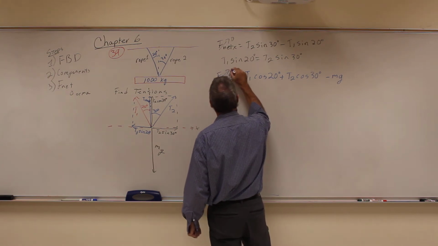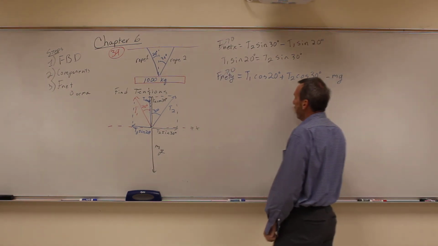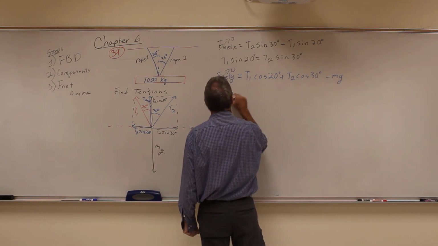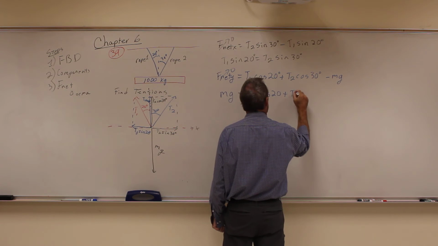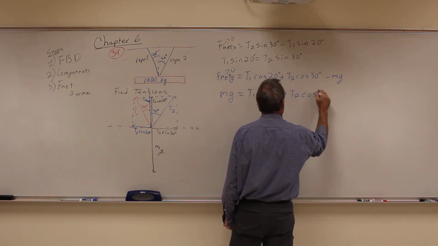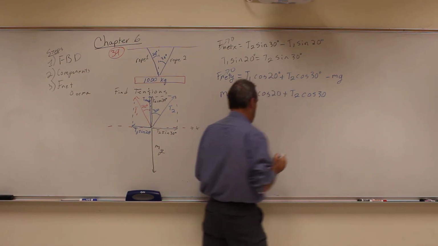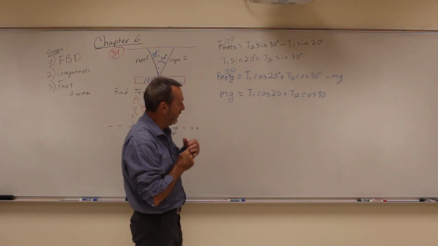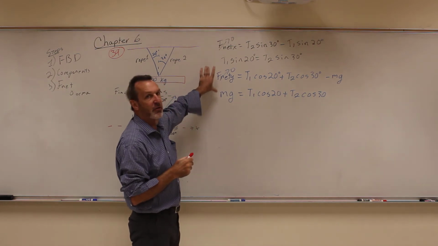Again, this is equal to 0. I'm going to move the mg to this side and say mg is equal to T1 cosine 20 plus T2 cosine 30. Now again, I can't solve it because I don't know T1 and T2. But I now have 2 equations, 2 unknowns.